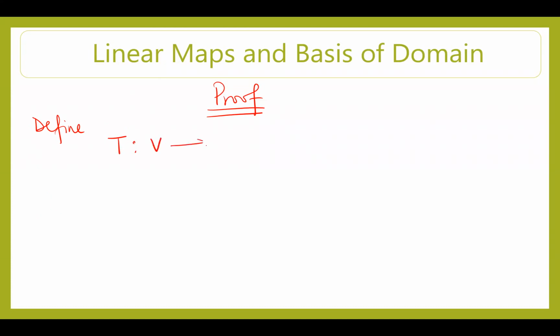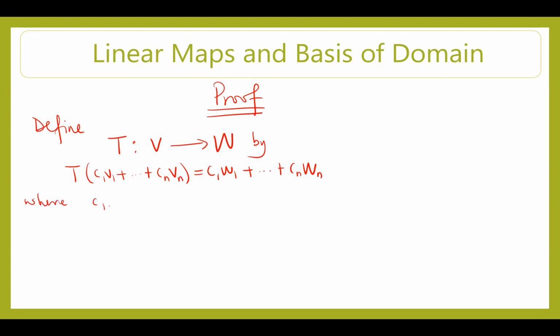It comes from V to W. I'm going to define this function by T of c1 v1 plus all the way to cn vn equals c1 w1 plus all the way to cn wn, where the c's come from the field, an arbitrary element in the field.